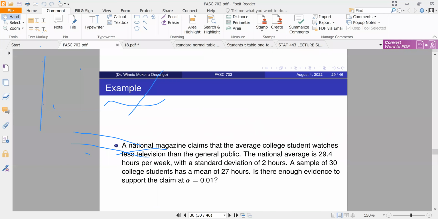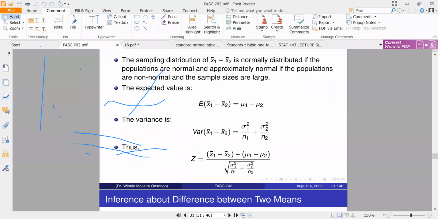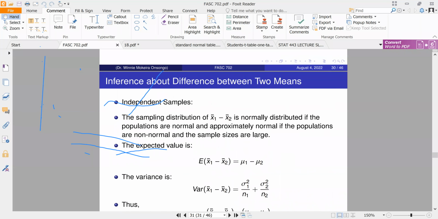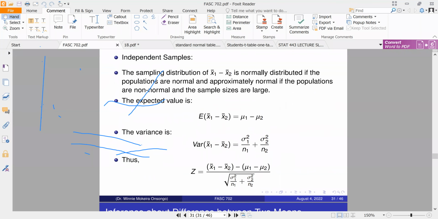But what we have down here is for two parameters because you have two populations. So you have the difference of means, less their expected value, divided by their corresponding standard deviation. That is how we obtain the statistic for two population parameters, the difference between two population means.